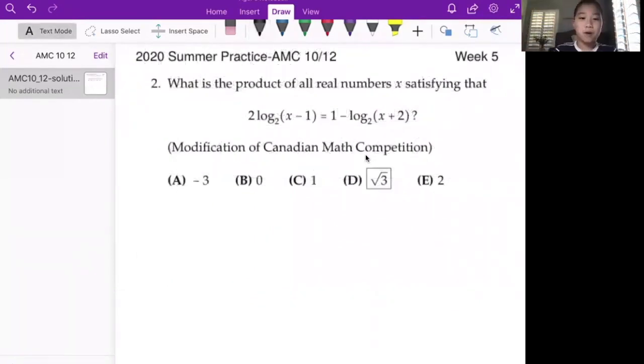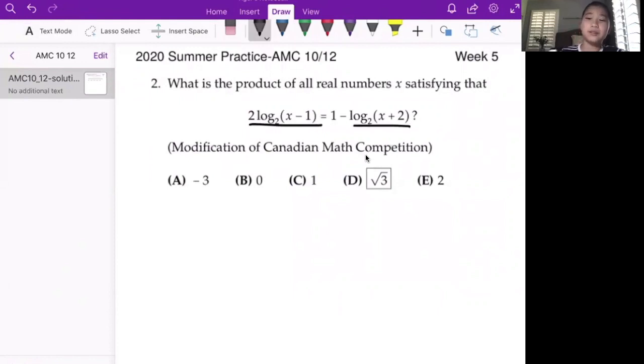Okay, so problem 2. What is the product of all real numbers x satisfying 2 times log base 2 of x minus 1 is equal to 1 minus log base 2 of x plus 2? So you see 2 logs and they're the same base.